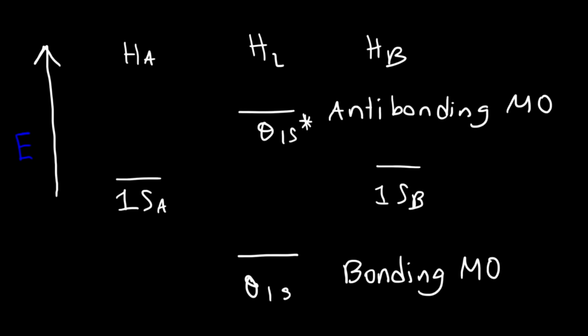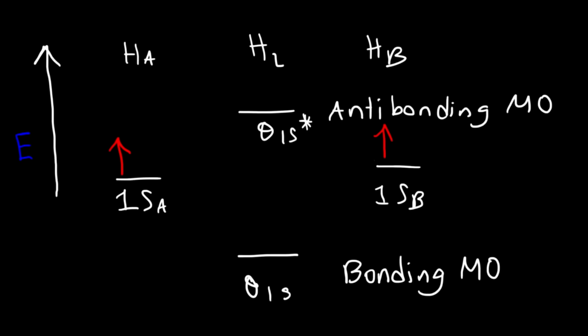Keep in mind a sigma bond is formed from the head-on overlap of atomic orbitals. Each hydrogen atom brings one electron with it. Now, in order for the electron to jump to a higher energy level, you've got to put energy into it. However, natural systems tend to seek the lowest energy state possible.